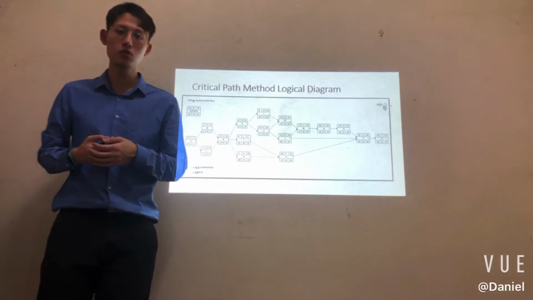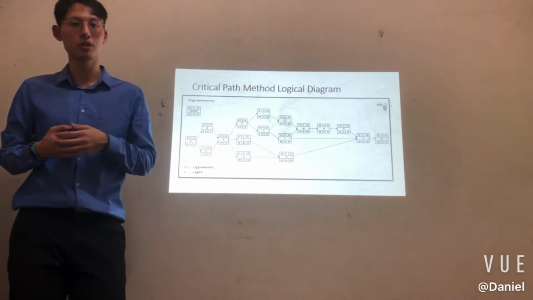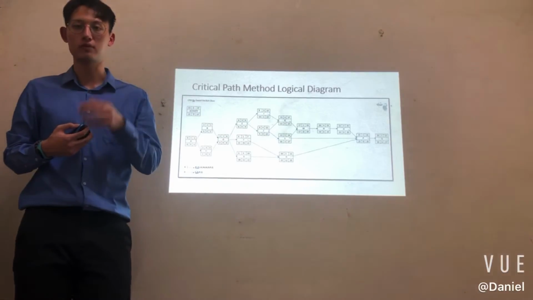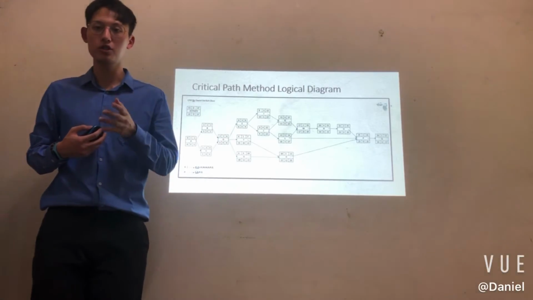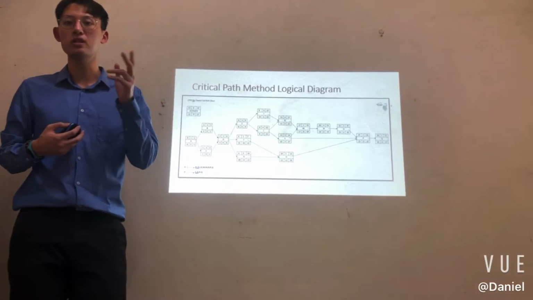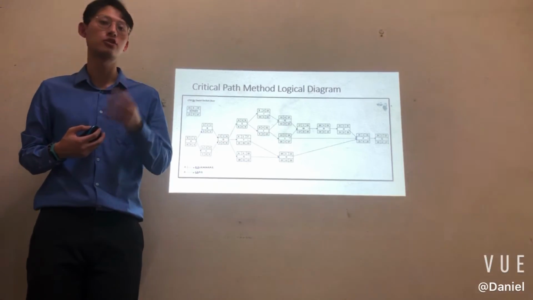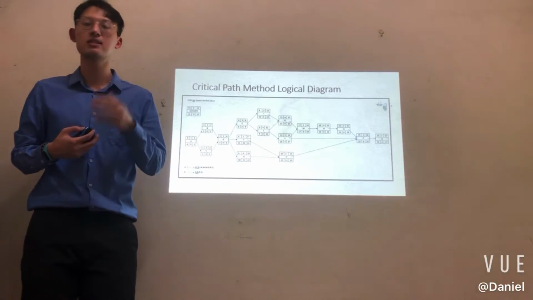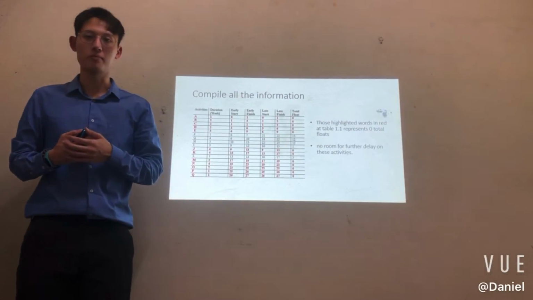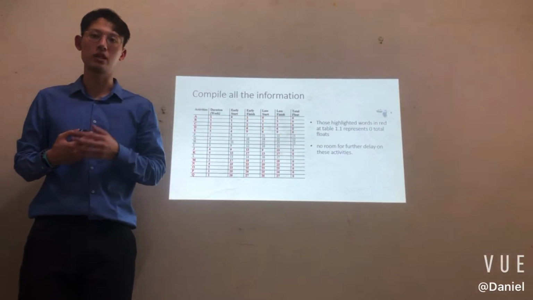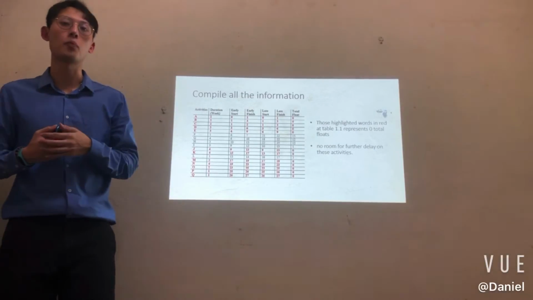Eventually, I was able to determine the expected completion date, which is week 27. Therefore, the project only requires 27 weeks, which is around 189 days and does not even exceed 365 days. After finishing the CPM, I compiled all the information into the table shown as table 1.1.